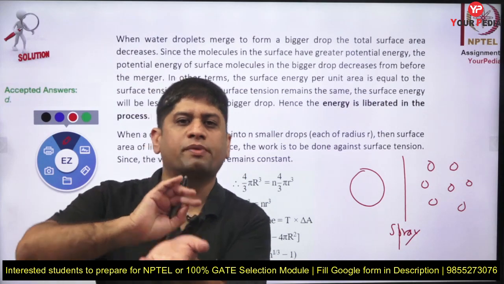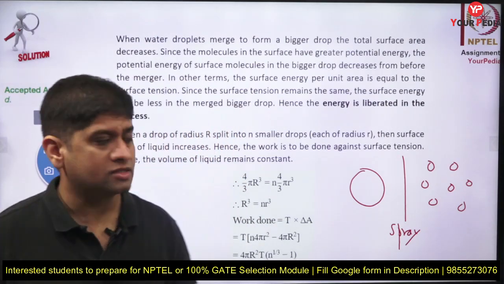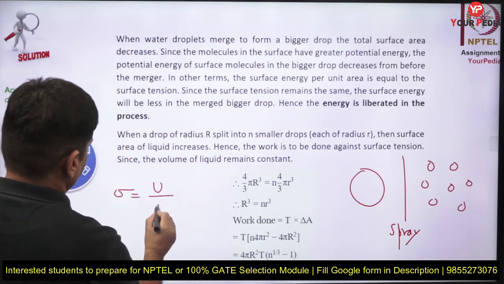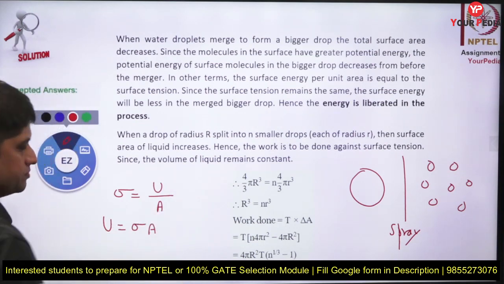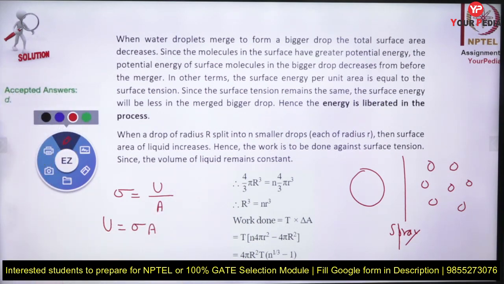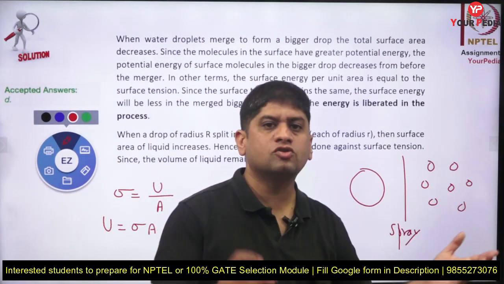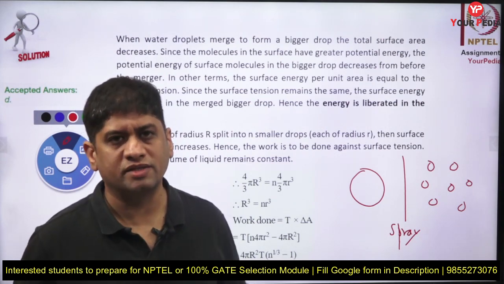A large droplet is sprayed into small droplets. I need to do external work. That means surface tension is defined as surface energy over surface area, so surface energy is sigma into surface area. Now, the surface tension is going to remain the same, because it is a fluid property.